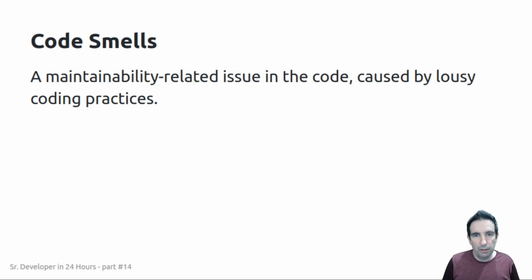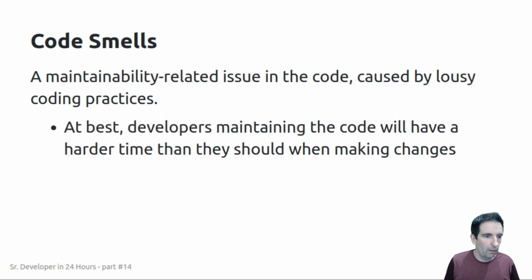We also want to make sure that we don't have too many code smells. And code smells are basically maintainability related issues in the code that are normally caused by lousy coding practices. And when we have a lot of code smells, maybe the code is working fine.